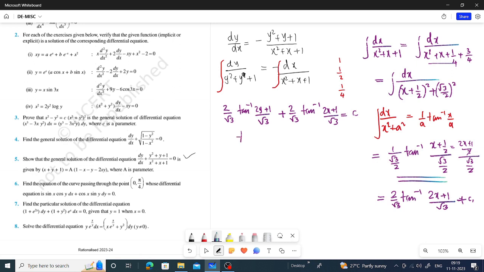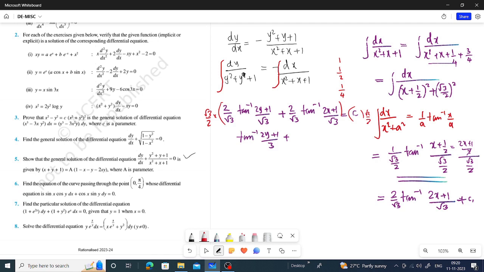So tan inverse 2y plus 1 by 3 plus, we multiply it by what? Root 3 by 2. Completely we multiply by root 3 by 2, and here also we have to multiply root 3 by 2. So both 2 by root 3 and 2 by root 3 will be getting cancelled by root 3 by 2.